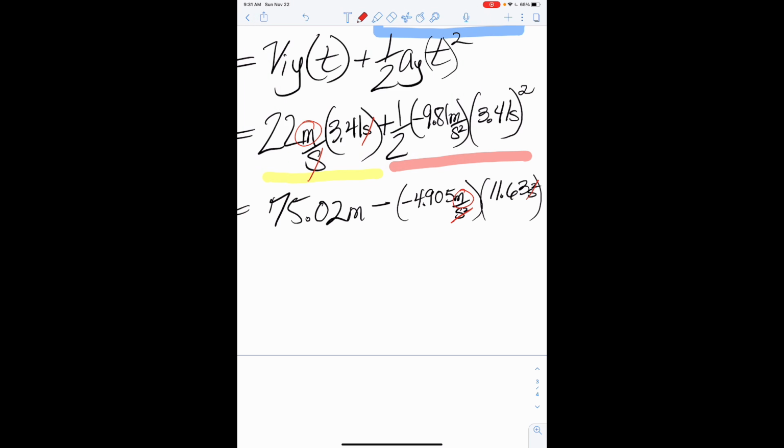All right, so now we multiply that negative 4.905. I'm getting negative 57.04. And I have two, I've got to be careful with the signs. It should just be one negative sign there. So once again, that was negative 57.04 meters.